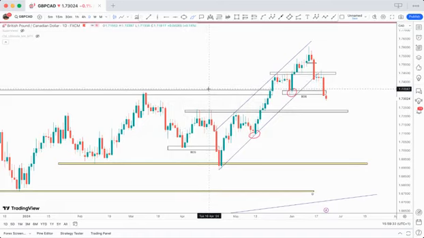Any attempt for the support structure to be broken actually signifies that this market is ready to change direction, just as we had on GBP USD, I'm sure you guys are aware of that. You can see that we also changed direction.